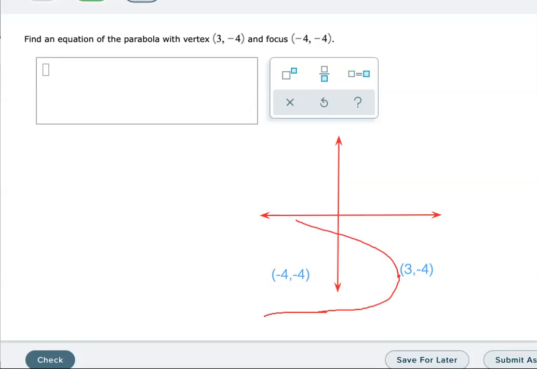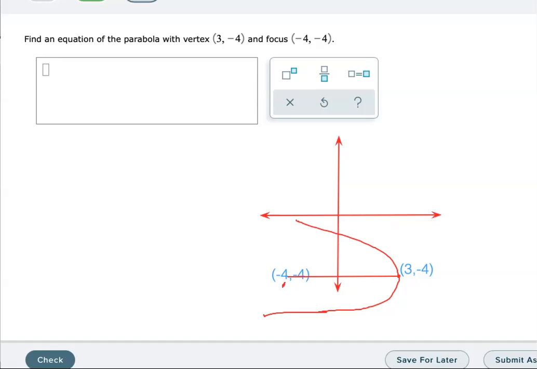And if they had given you the directrix, because sometimes they give you the equation of the directrix, it turns out the distance from the focus to the vertex is the same distance. Here we went from 3 to 0, which is 3, and then over to -4, so that distance is 7.